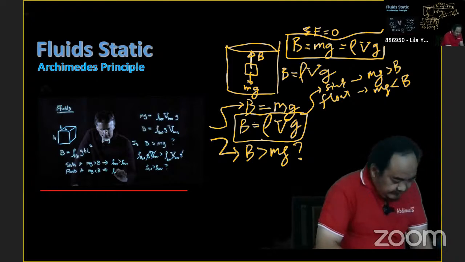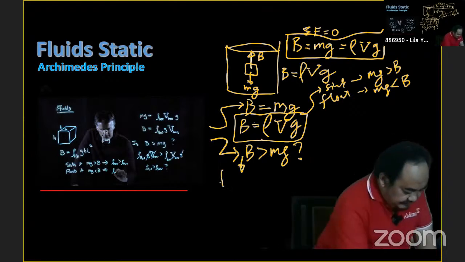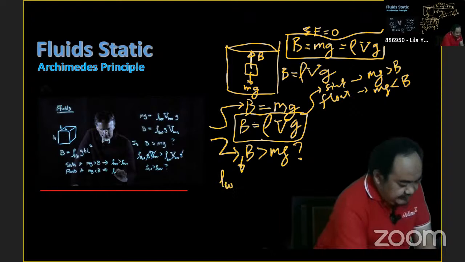Because the buoyant force here depends on the displaced water, in this part rho belongs to the water, H2O, or W is water, and this one is g and the volume displaced, volume yang dipindahkan.